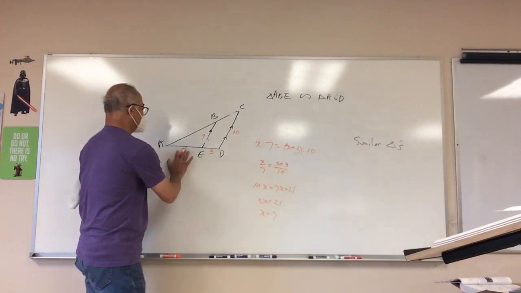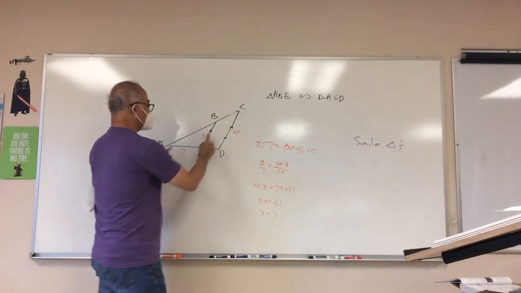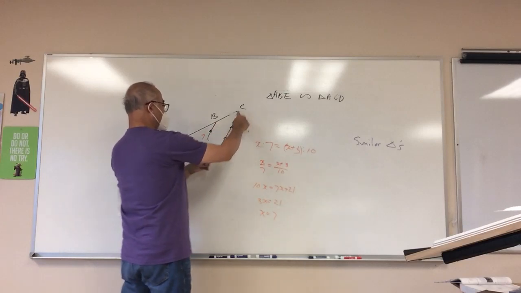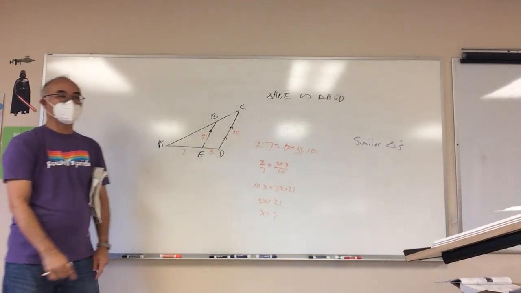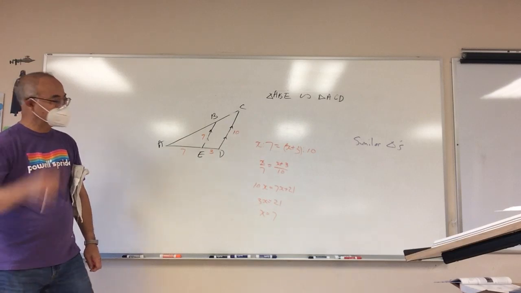Huh. Okay. Makes sense, right? 7 to 7, 10 to 10. I got lucky there. Okay? You see that? All right.